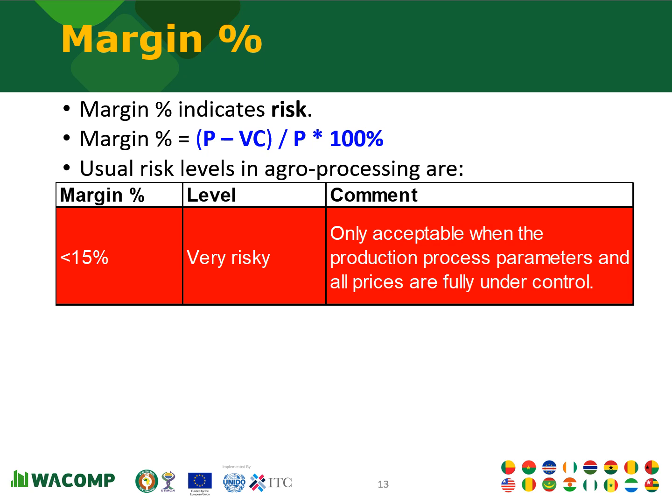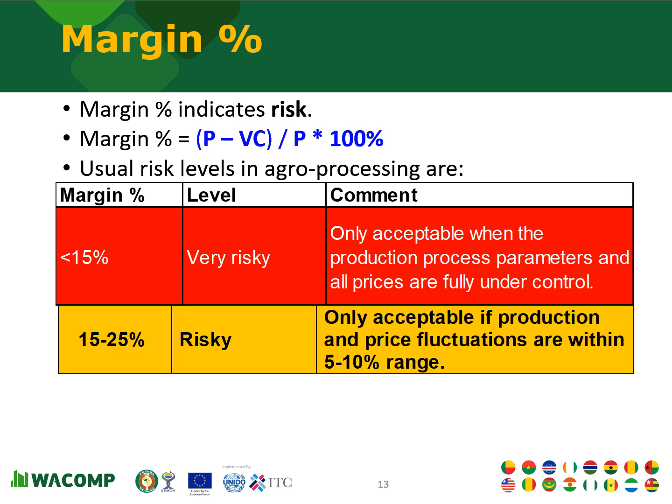That is why this margin is only acceptable if all parameters are fully under control. For instance, when you are producing under a contract with fixed prices. A margin between 15 and 25% is still considered risky in agro-processing and really only acceptable if the expected production and sales prices fluctuations are in the 5 to 10% range.